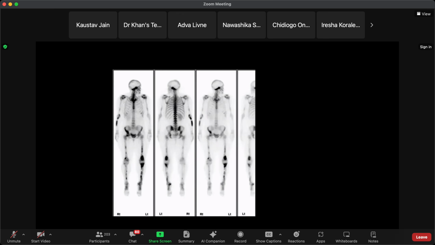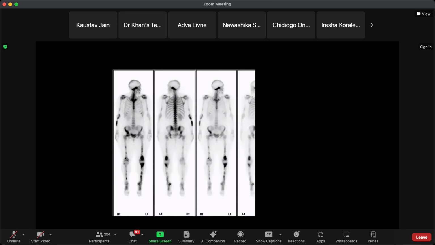And the joints where I would expect degenerative changes to be present are showing high uptake as well. And the skull base also. I would compare this with previous radiographs.